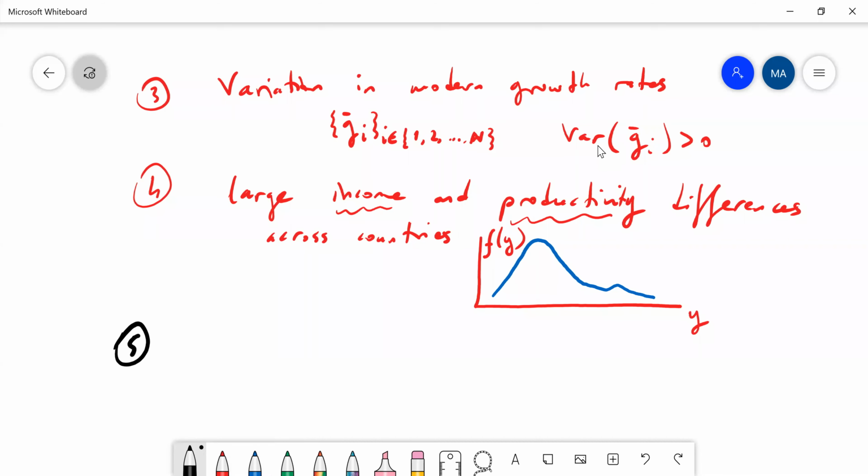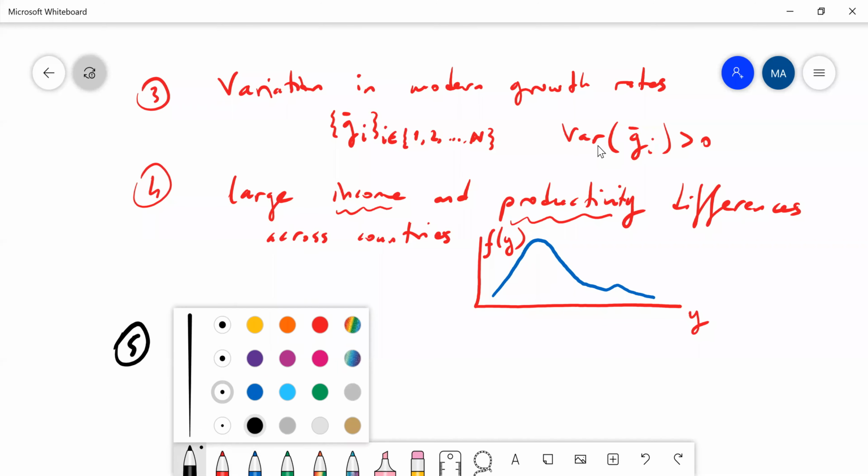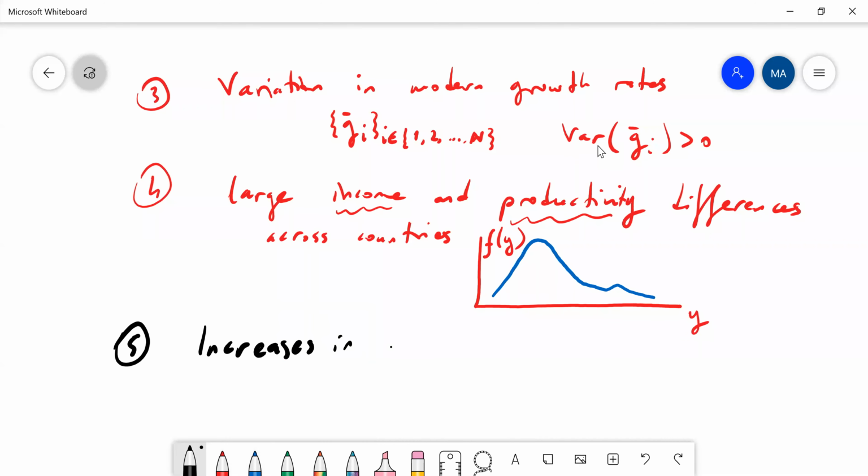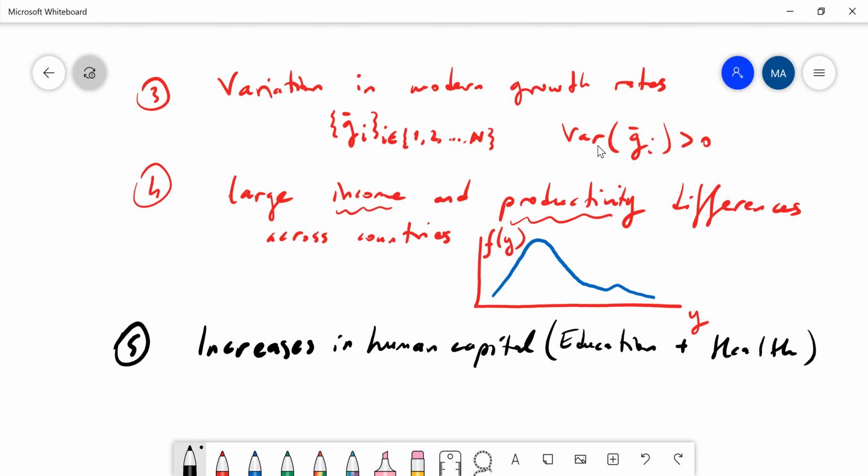The fifth one is increases in human capital. Again, when I say human capital, what I basically mean is education plus health.